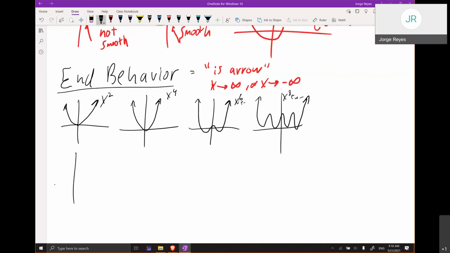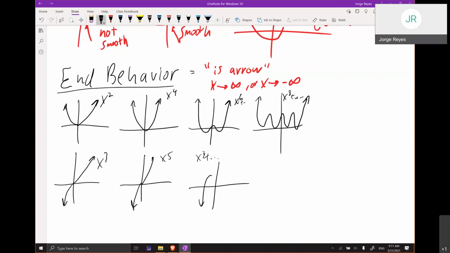And that's true with x cubed. Because then x to the fifth looks like this. Some different kind of x cubed will look like this. And then let me get x to the seventh in here. Okay. And so you notice there's two patterns.